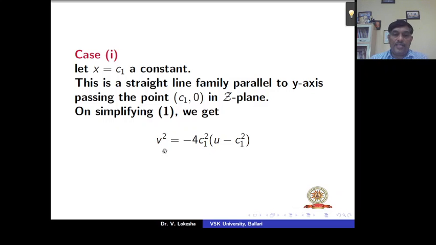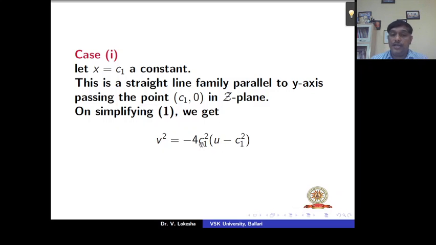Then that becomes v square is equal to minus 4 c1 square into u minus c1 square. If you observe this, it is in the form of y square is equal to 4ax, that is a parabola, y minus y1 the whole square, with the shift to the origin being x minus x naught.